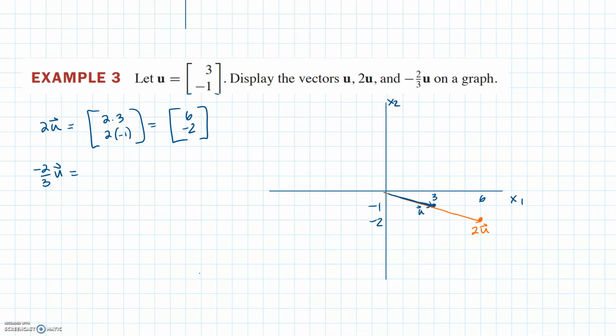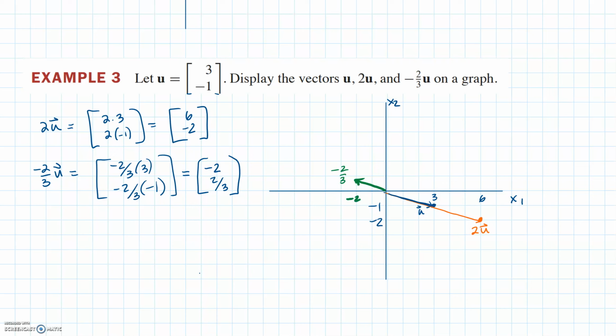-2/3 u would be multiplying everything by -2/3. So not only does it contract, it changes the direction as well. So this would be now a -2 and a 2/3. So (-2, 2/3) is about right there. -2/3 u is in green there.